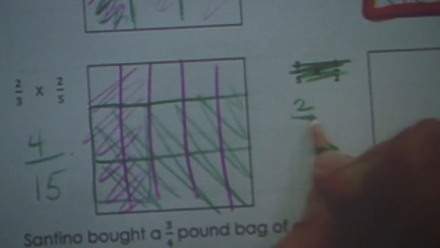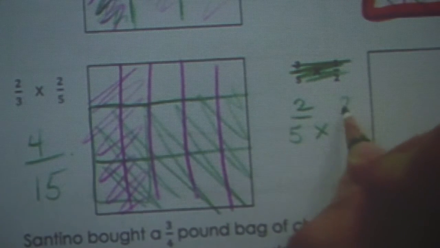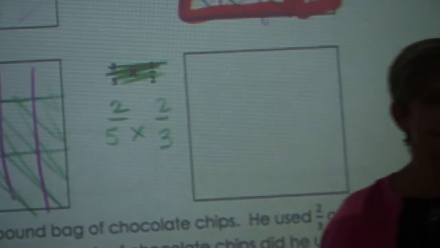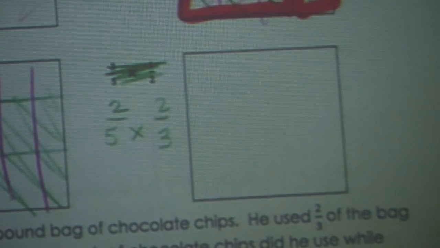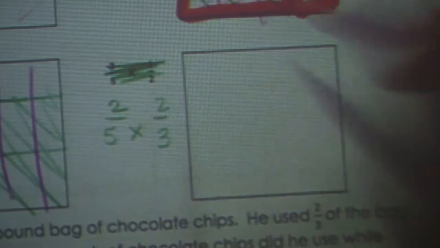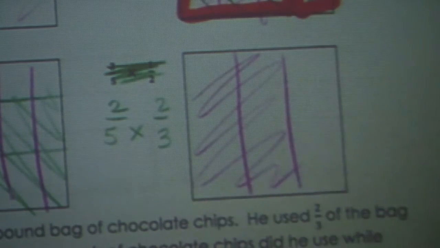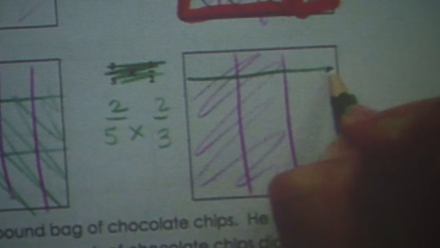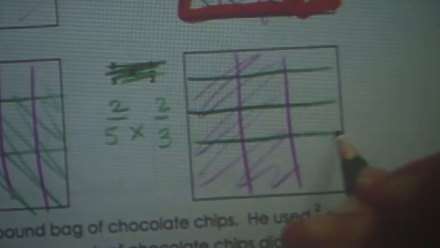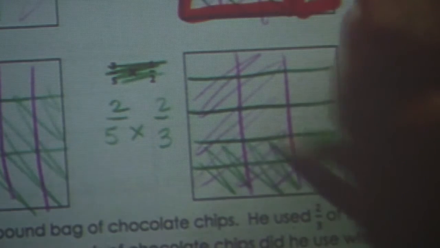Now I'm going to ask you to skip that problem. What I'd like you to do is 2/5 times 2/3. It's the exact same problem, except I've reversed the order. Commutative property, I should get the same answer. So if I draw it, my groups are thirds. I have 2 of them. And then I have 2/5.